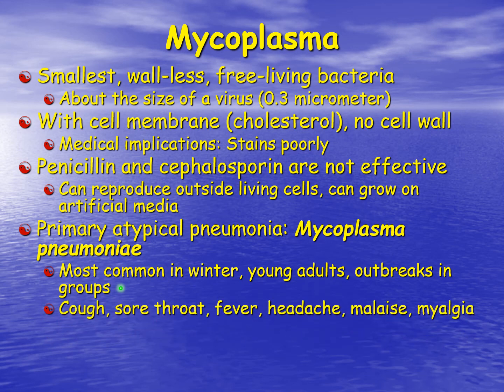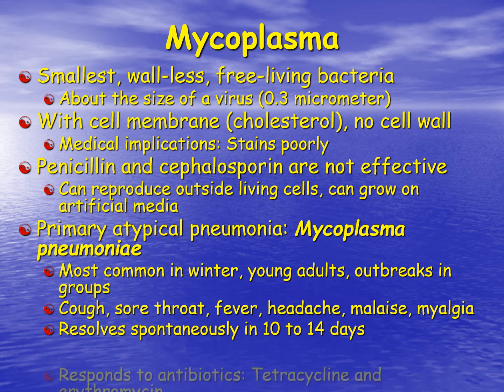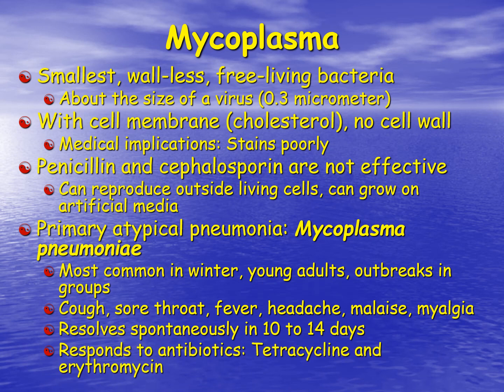Typically we see cough, sore throat, fever, headaches, malaise, just not feeling good, and myalgia, or muscle pain. But typically Mycoplasma pneumonia will resolve spontaneously in about 10 to 14 days. It will respond to most of the tetracyclines still, and to erythromycin.